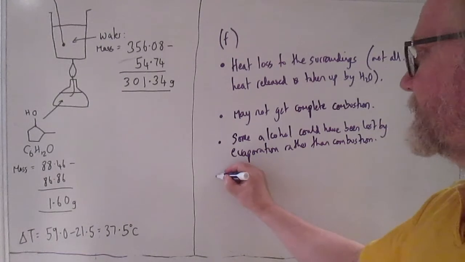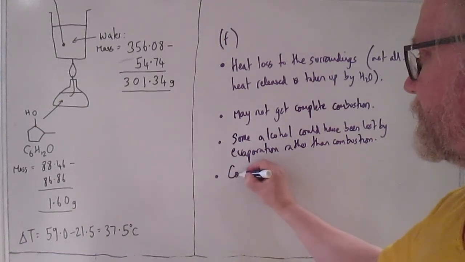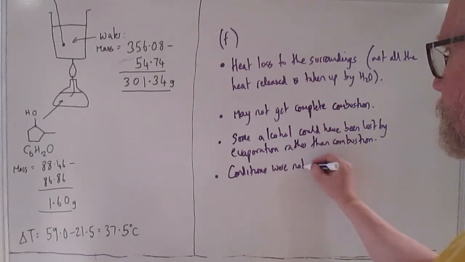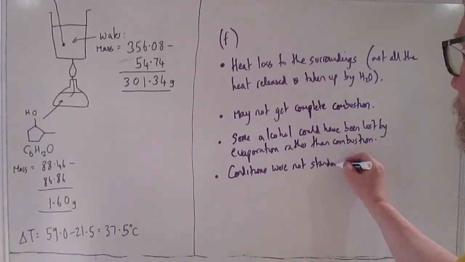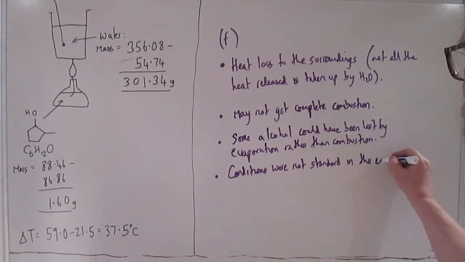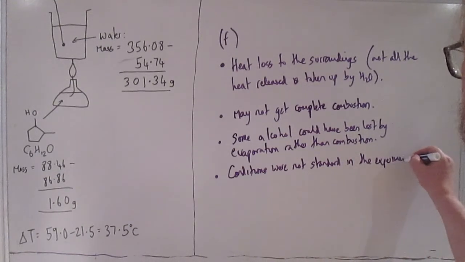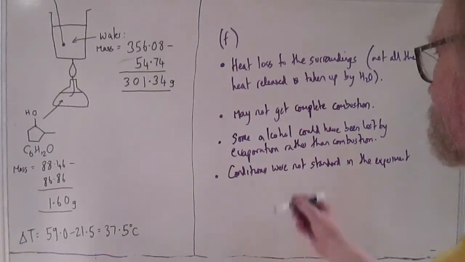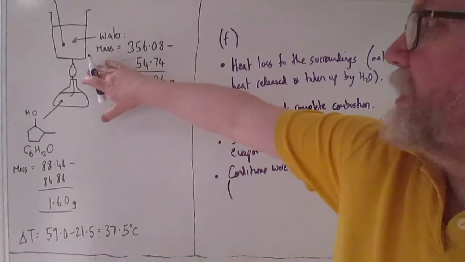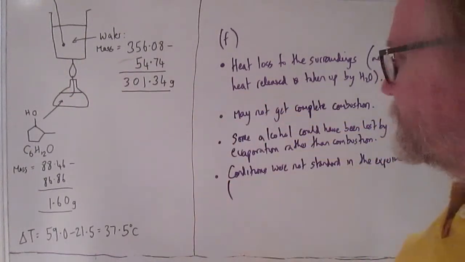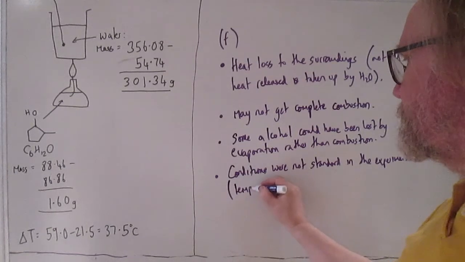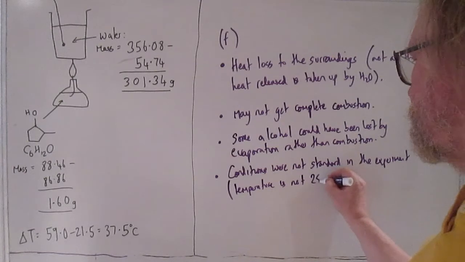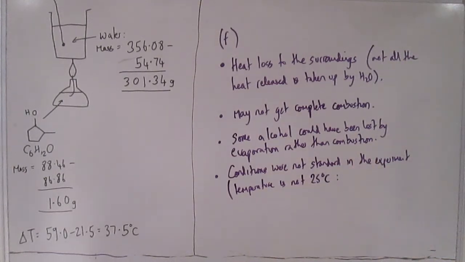And the fourth possibility is that conditions were not standard in the experiment. The pressure may not have been exactly 1 atmosphere, but it probably wasn't very far off, because it was, as far as we know, done at atmospheric pressure. But the reaction's happening in the flame there, and the temperature clearly is not 25 degrees C. And that's going to mean that delta H could in principle be different.